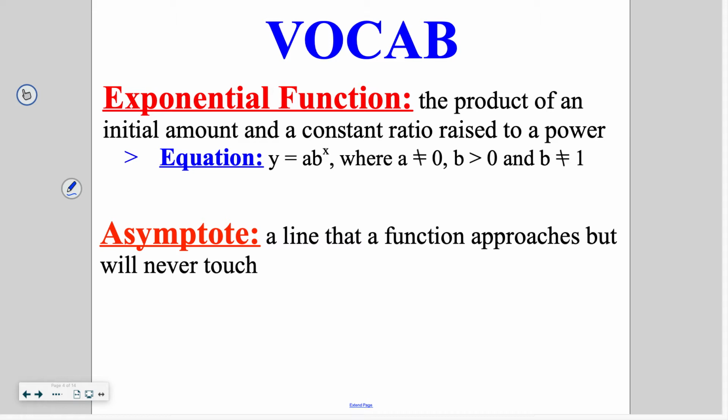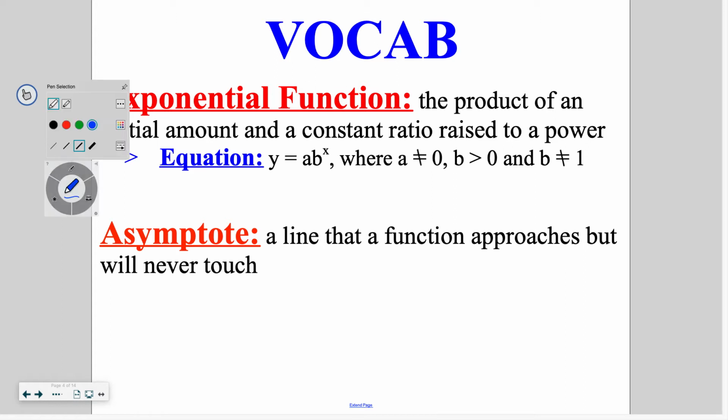So we have to start with something. And then the b value, this constant ratio, is going to be greater than 0, and it can't be 1. If it was just going to be 1, then it would be just multiplying by 1 over and over, because 1 raised to any power is 1.